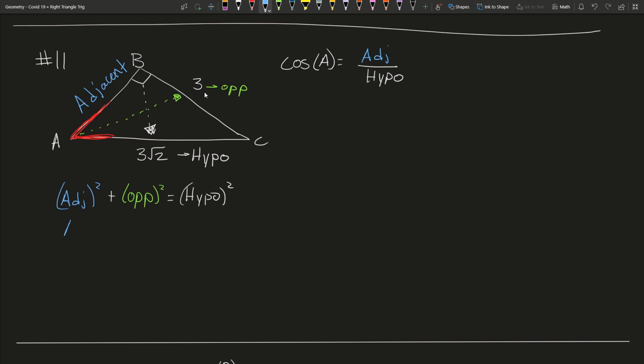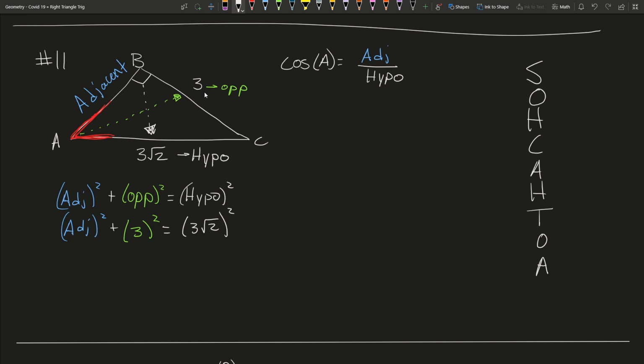Okay, so we don't have adjacent. All right, and when we plug in what we know and what we don't, we get this up on the screen. All right, and then we have to solve for the adjacent squared.